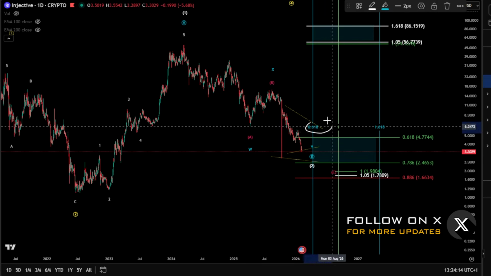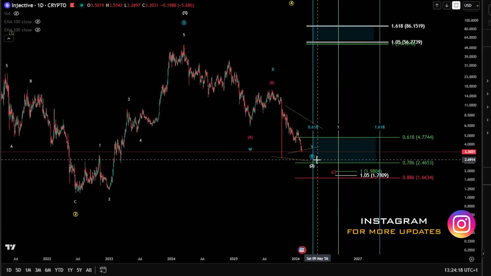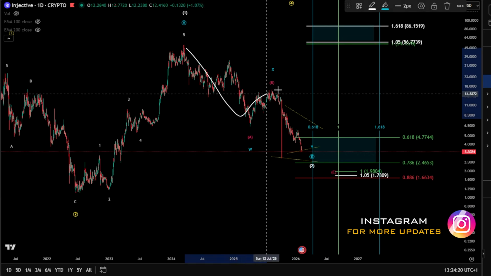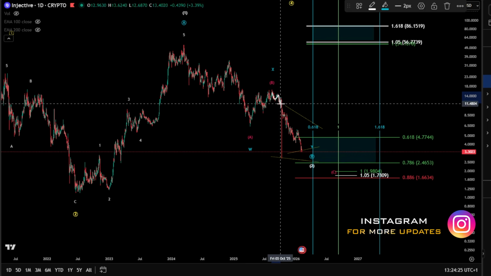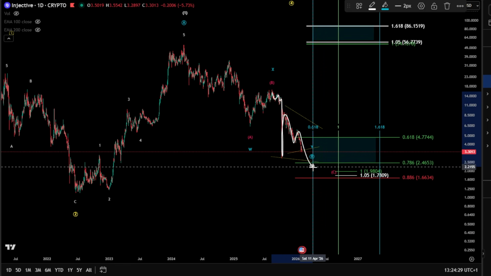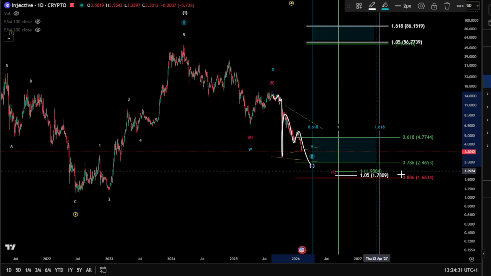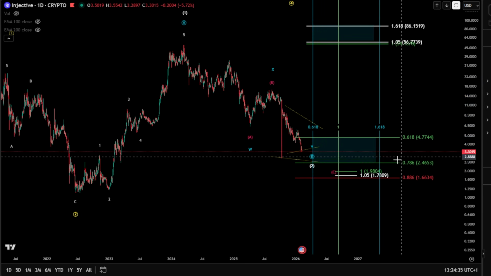The same thing repeats itself. You need to create some balance here with this W, X, and a Y, or A, B, and a C. Obviously, this can be a wave C in double 1, 2, 3, 4, and a 5, 4, and a 5. And it wants to reach the target 2.46 here for the 0.786.